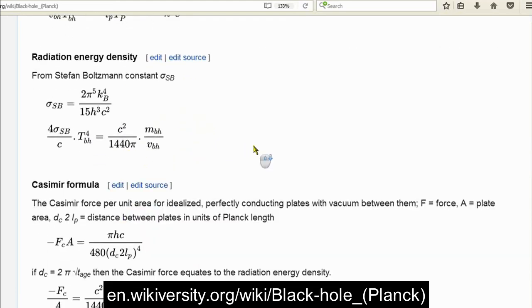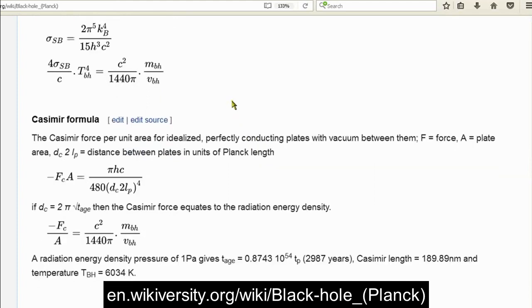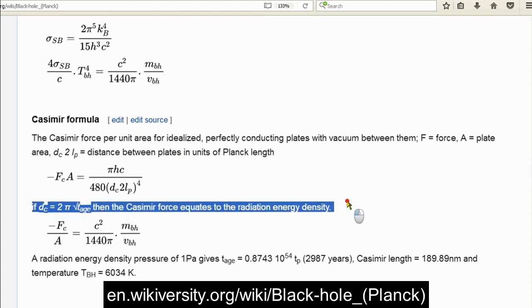And then next we look at the Casimir formula, and here instead of area we're taking our Planck units, the size of the universe itself, and so if the distance is 2 pi times the square root of TH, which is our radiation variable, then we find that the Casimir force equation, this one here, actually is the radiation energy density.